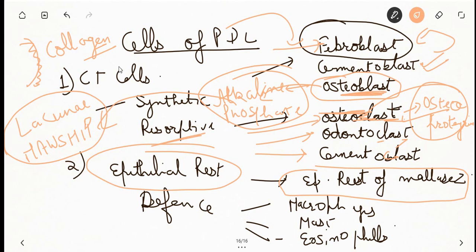They represent the remnants of Hertwig's epithelial root sheath, that is involved in the differentiation of root odontoblasts, and it also secretes enamel-like proteins.